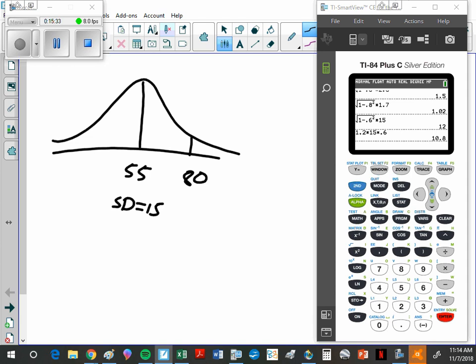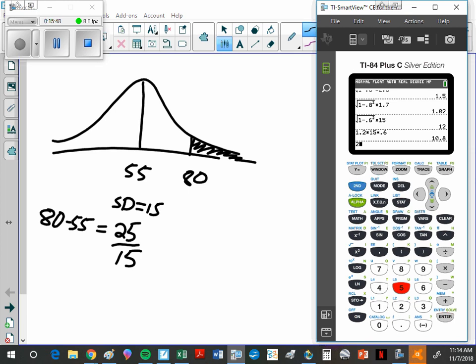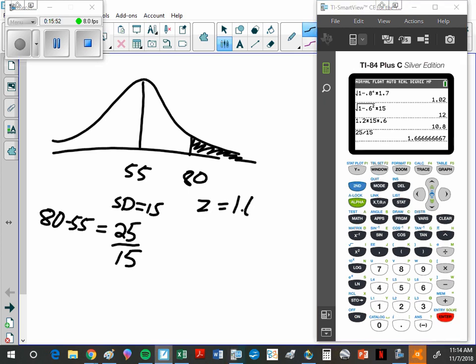To the right. So I want all of that. And the pattern is 80 minus 55 is 25. Divide that by 15. 25 divided by 15 gives me a z-score. Z equals 1.6 repeating. Now what?